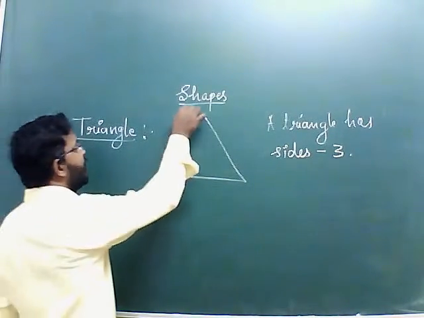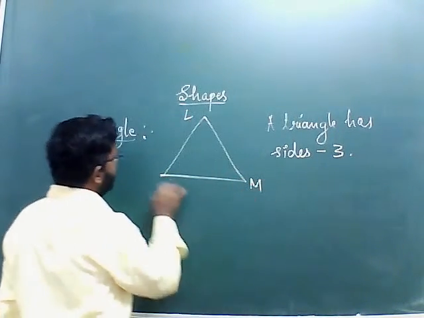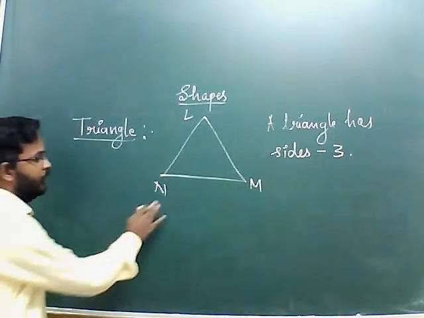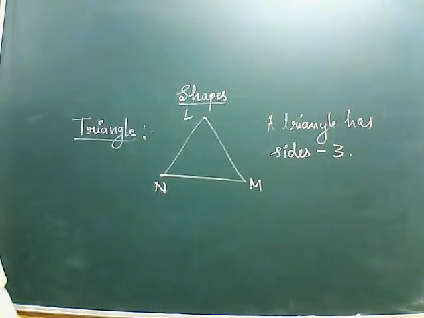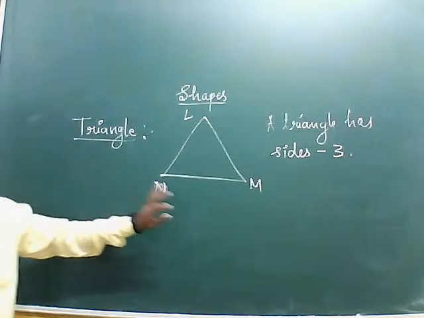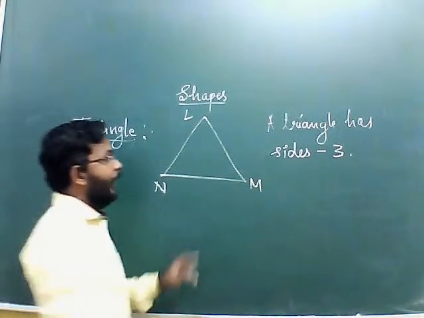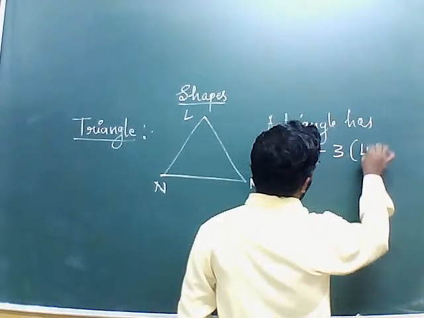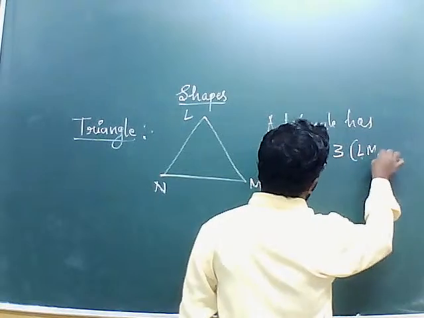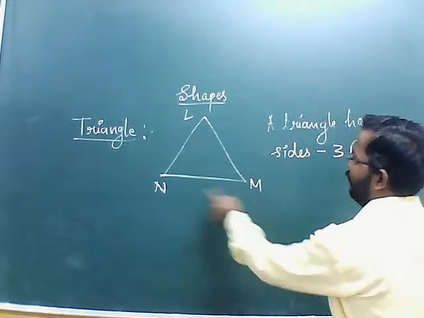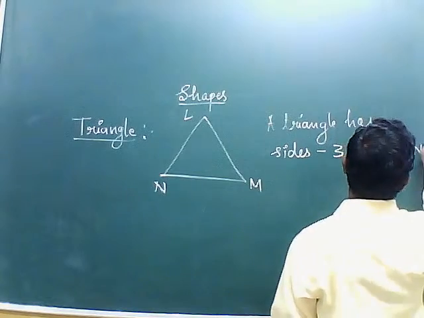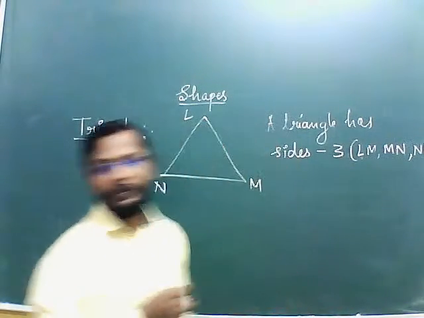Let us name these points as L, M, N. Now, what are the sides here? L, M is one side, M, N is another side, and N, L is the third side.